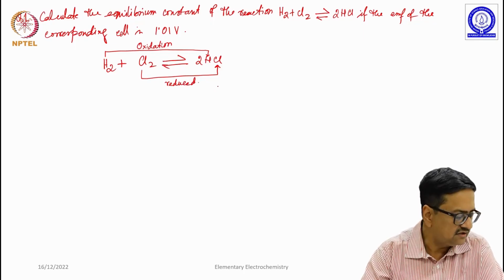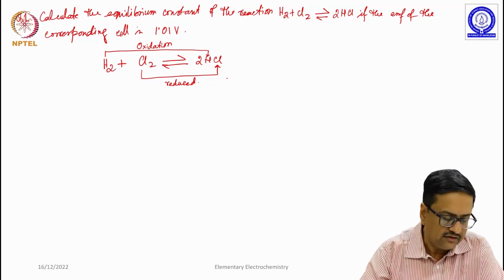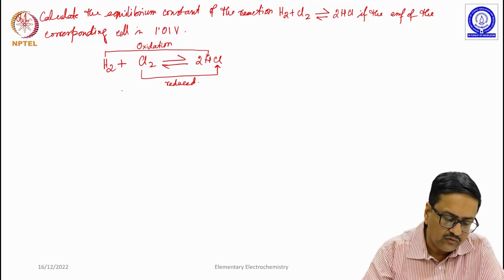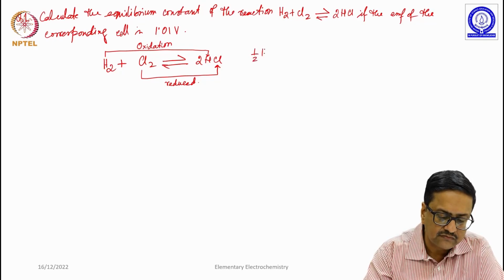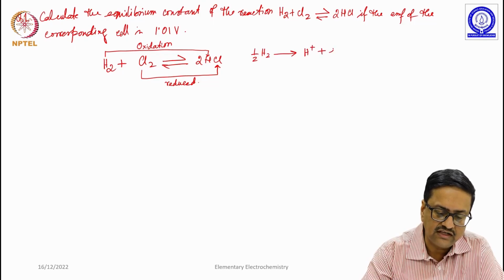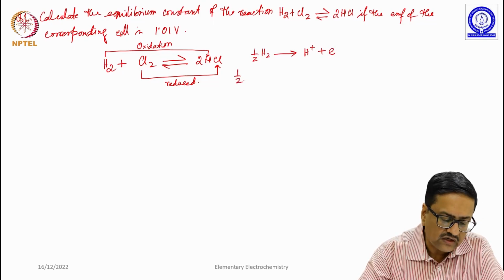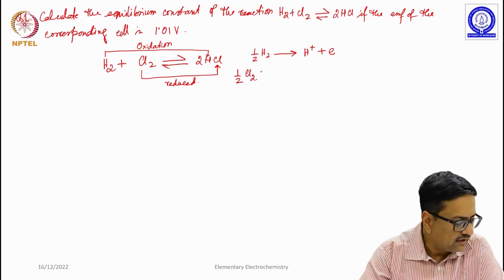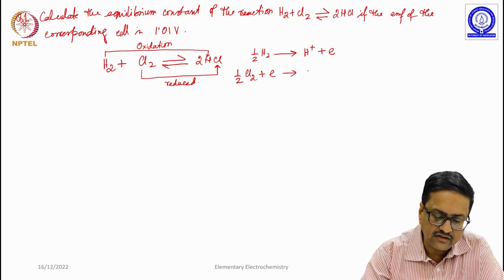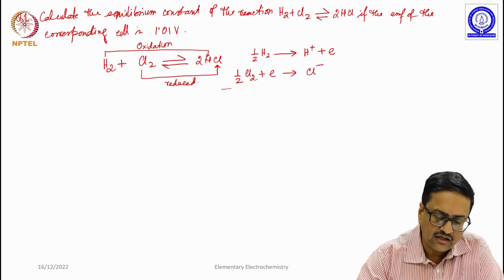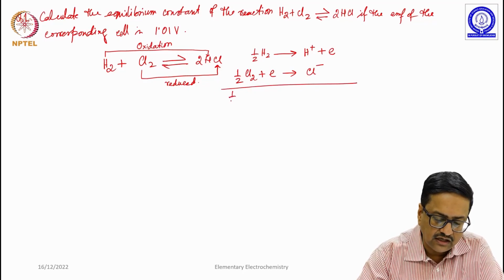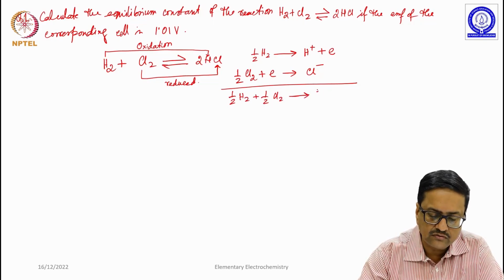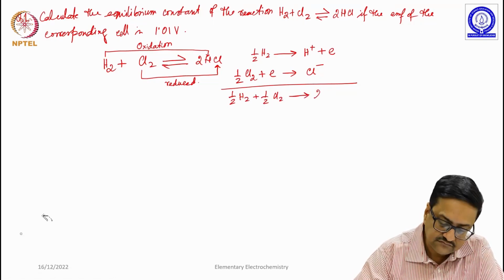Written as two half cell reactions, half H2 is oxidized to H plus and an electron, and half Cl2 taking up one electron is reduced to Cl minus. The overall reaction is half H2 plus half Cl2 giving just HCl.